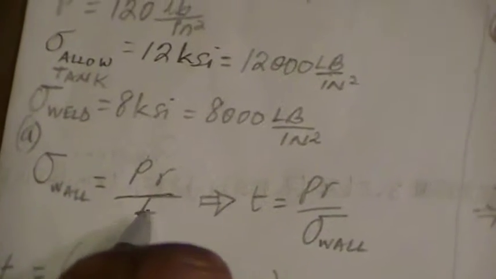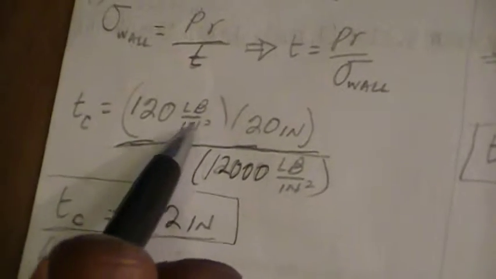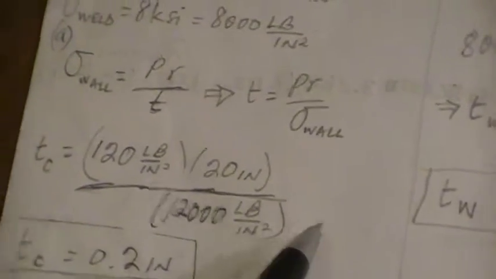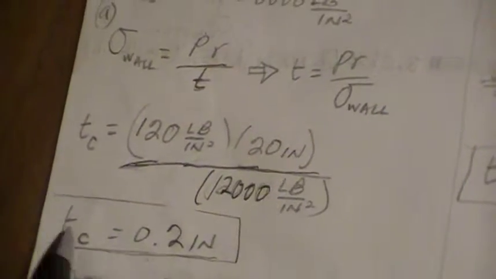So we just manipulate the formula. Stress is equal to PR over T, which implies that T, the algebra part of it, T is equal to PR over the stress. So that will be 120 pounds per inch squared times the 20 inches, all divided by the 12,000 pounds per inch squared.